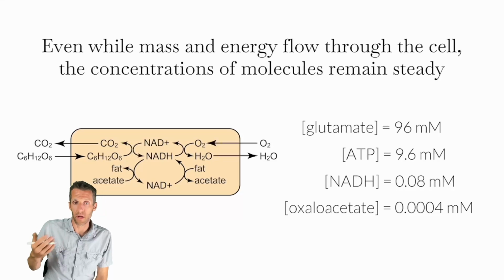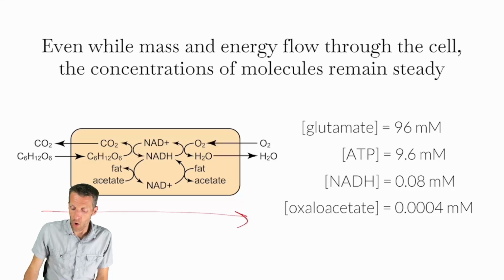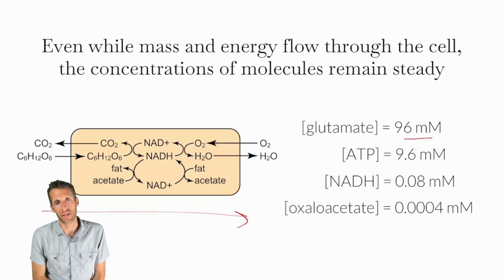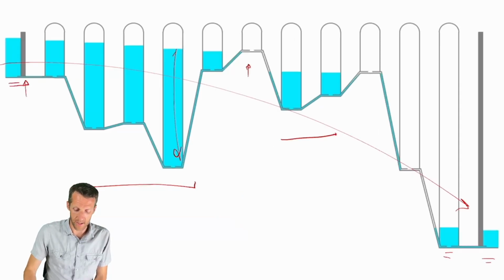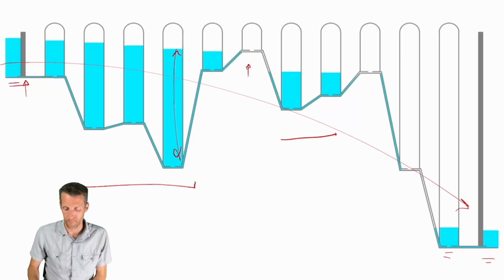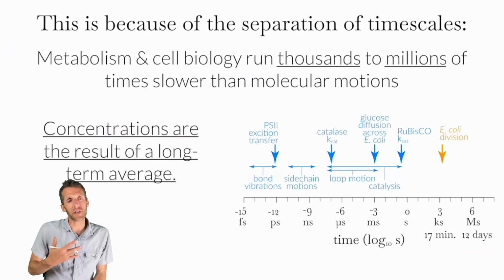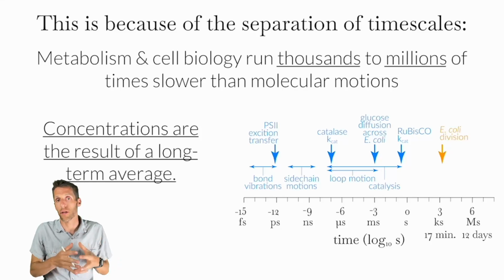And so, again, what that means is even though we've got stuff flowing through the cell, the concentrations of the molecules aren't changing. So we can say glutamate's concentration is 96 millimolar. That's the equivalent of saying this tank has a depth of 50 meters of water, for example. And this can occur because of this idea we talked about earlier of separation of timescales, right?